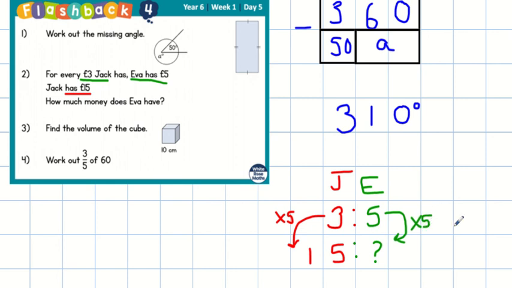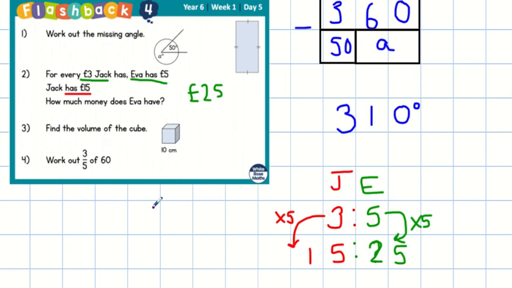It would be 5 times more. So 5 times 5 is 25. Therefore, Eva has £25. Don't forget to put your pound symbol. Hopefully you've got that one, year 6, but if you know you've made a calculation error, just pause the video now to review your learning.